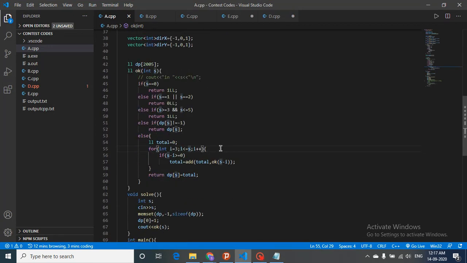And thus add total and the DP function of S minus I, because now I've taken I in our sequence. Thus the next number I have to find out is the total number of sequences in which S minus I is the total value. And then after calculating this total, I will store this total in DP of S and then return this total value. So that's the whole logic for the D question.